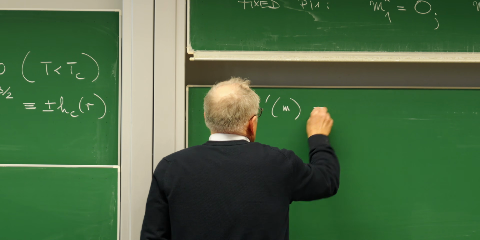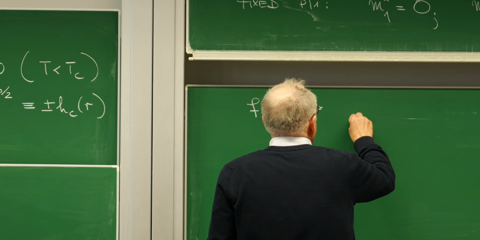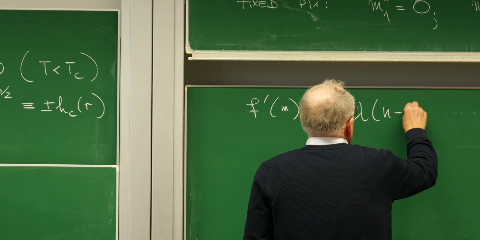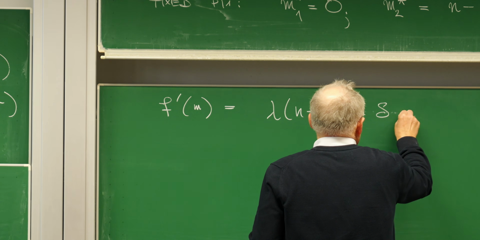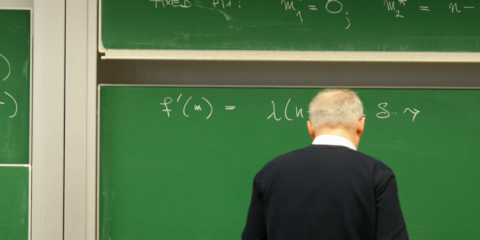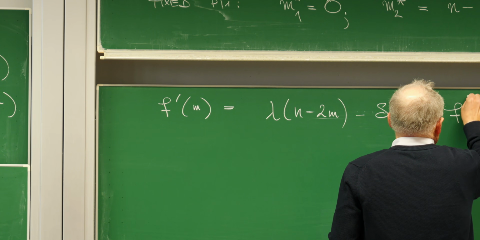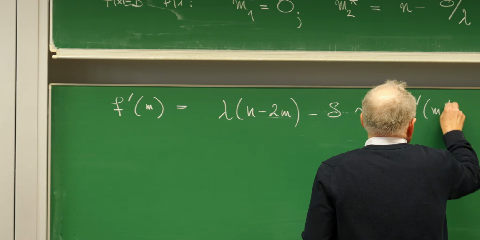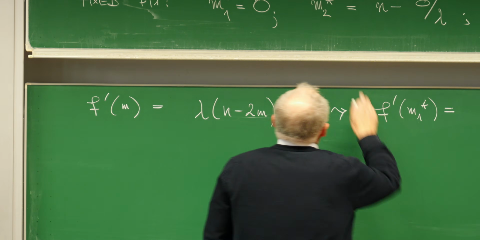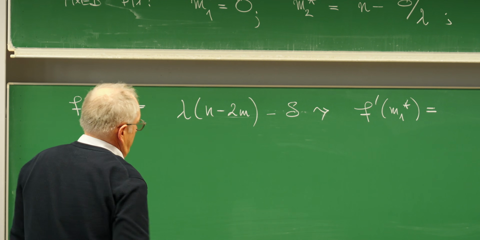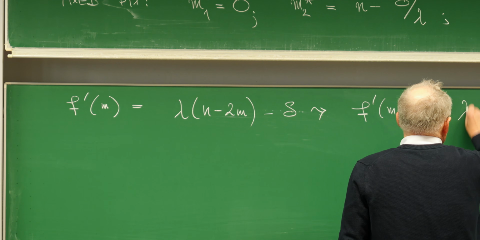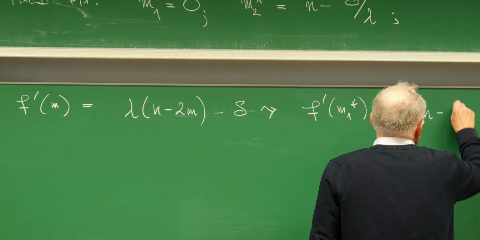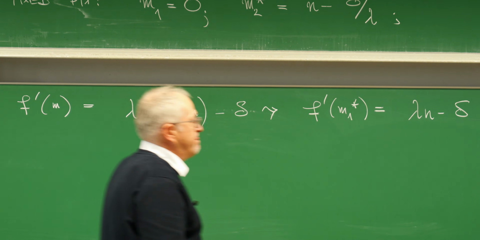So f prime of m equals lambda n minus 2m minus delta. And from that, if I look at f prime of m1 star, just insert here 0 on the left-hand side, then you get lambda times n minus delta.